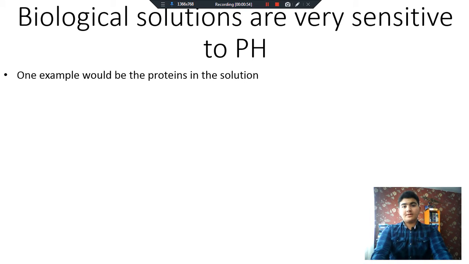Okay, so when the pH of their environment or solution changes, their 3D structure, which is very important for their function, changes as well, and thus they can't do their work properly.